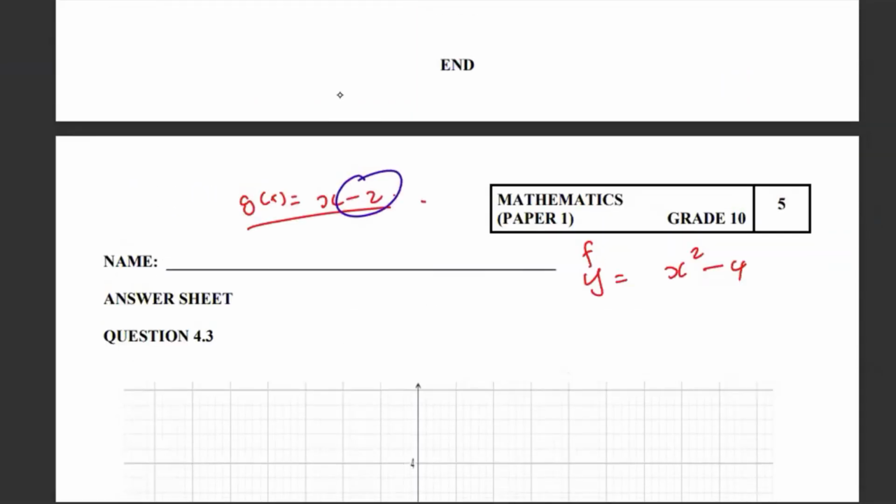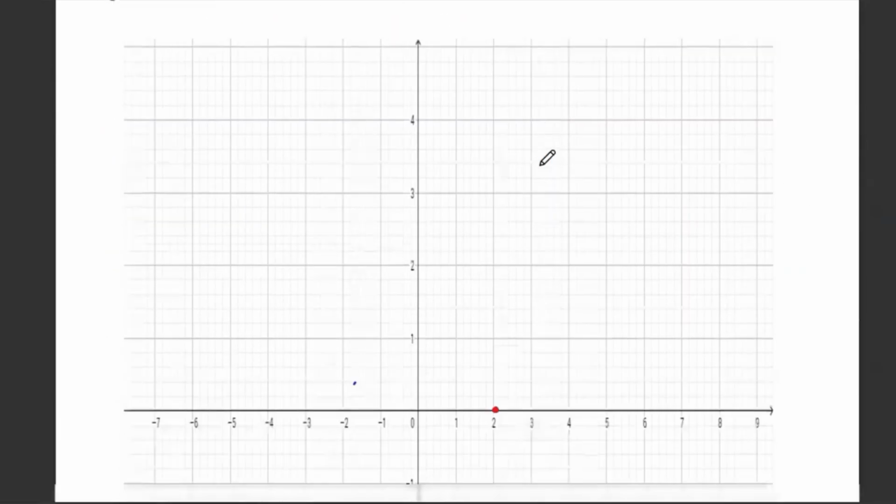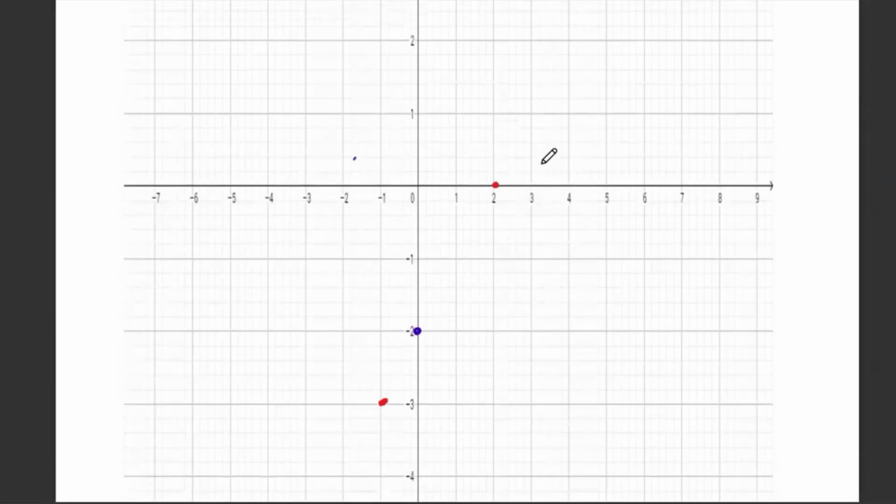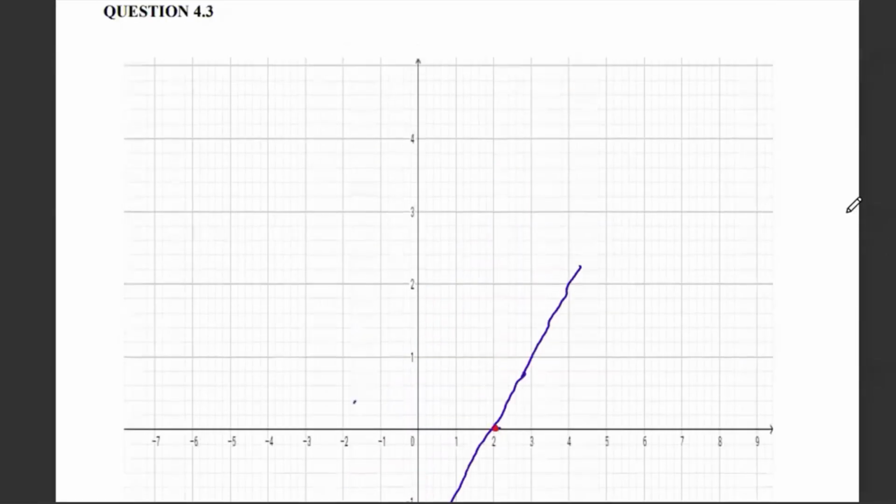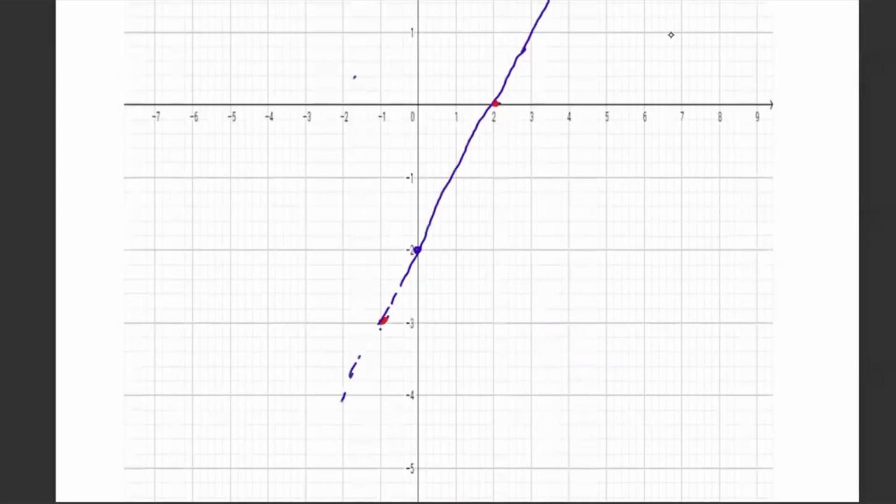If x is 2, y is going to be 0. So (2, 0), meaning that my line is going to be, let me just try to create a straight line. Okay, so I have something like this. Feel free to extend it if you want, but remember it's a sketch now. So I'll say this is my g of x.